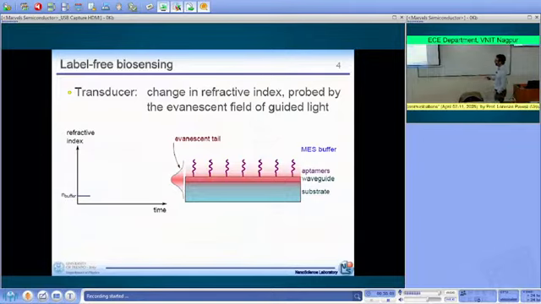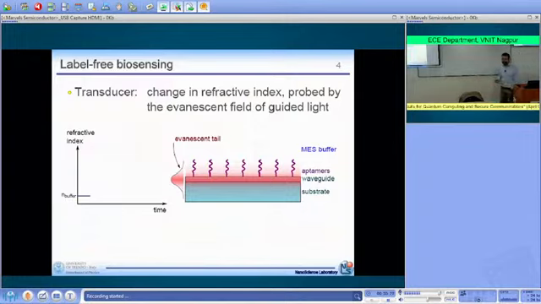And now we can try to use this evanescent tail in order to probe what is happening on the surface of the waveguide. Therefore, we can measure the refractive index when we have some liquid on the surface of the waveguide.